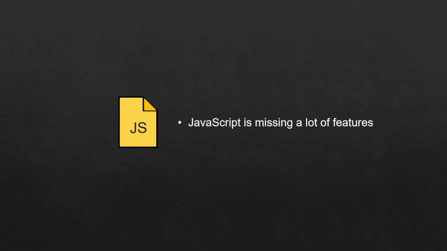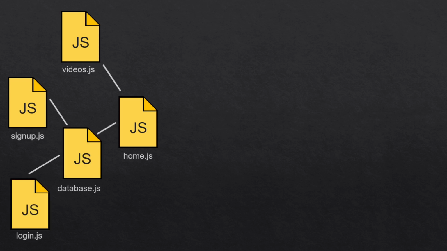Now let's take a step back and look at JavaScript again. JavaScript as a language is missing a lot of features that other programming languages have. One of these features is being able to split up our code into different files and to organize our code.